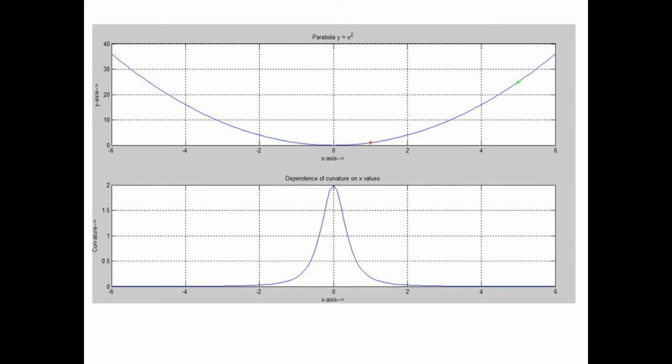This also implies that the radius of curvature is minimum at the origin and it increases as we move away from the origin along the parabola. This means that as one moves away from the origin, the curve looks almost similar to a straight line.